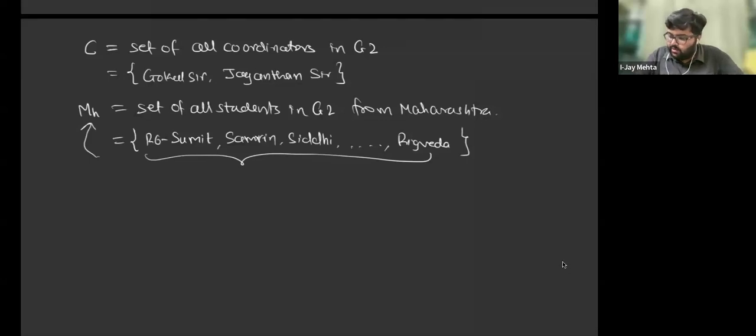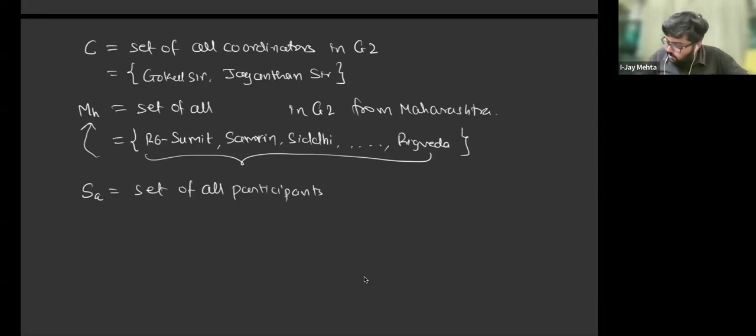Okay, I'll give you one more set. SA. This is the set of all participants. I am writing students only. Participants. It's a subset of G2. So I better write participants, right? Because in G2 we have considered participants of G2 who have given self-assessment SA1.